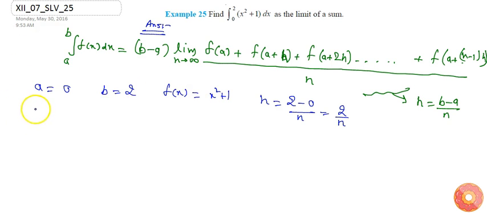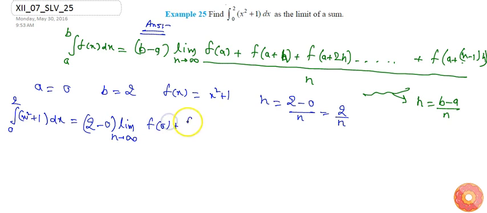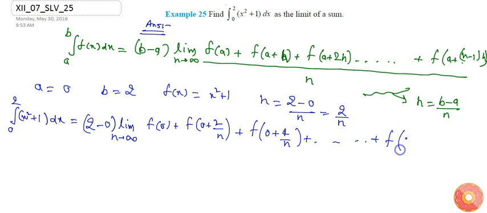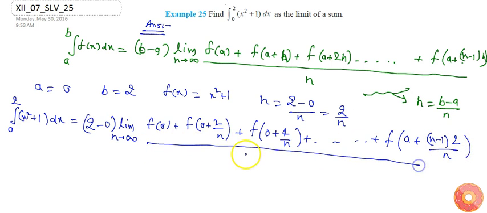If I put the values of a, b, f(x) and h in the formula, I get the integral from 0 to 2 of x square plus 1 dx equals (b minus a), which is 2 minus 0, times the limit as n tends to infinity of [f(0) plus f(2 by n) plus f(2 into 2, so 4 by n) plus up to f(a plus (n minus 1) times 2 by n)] divided by n.